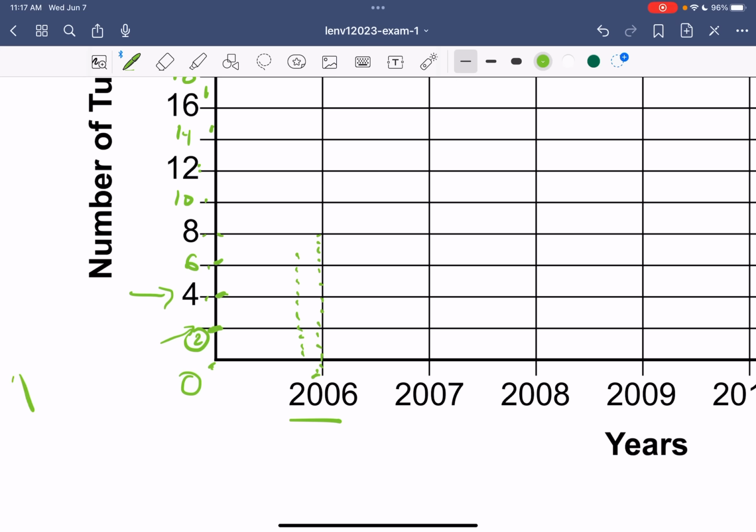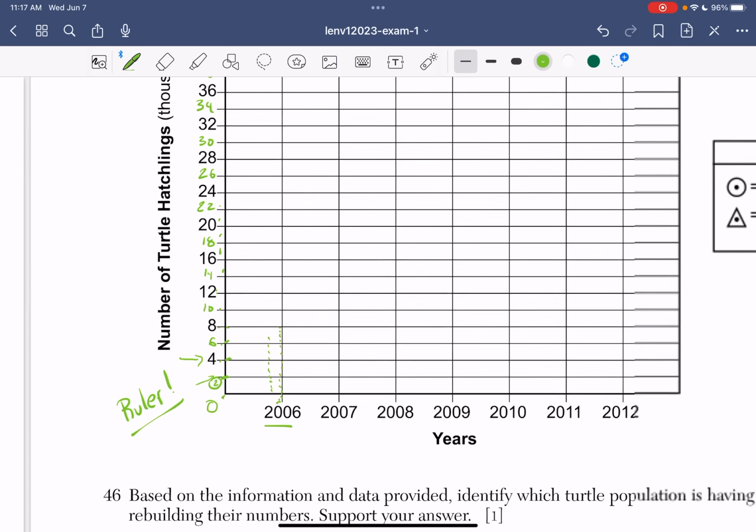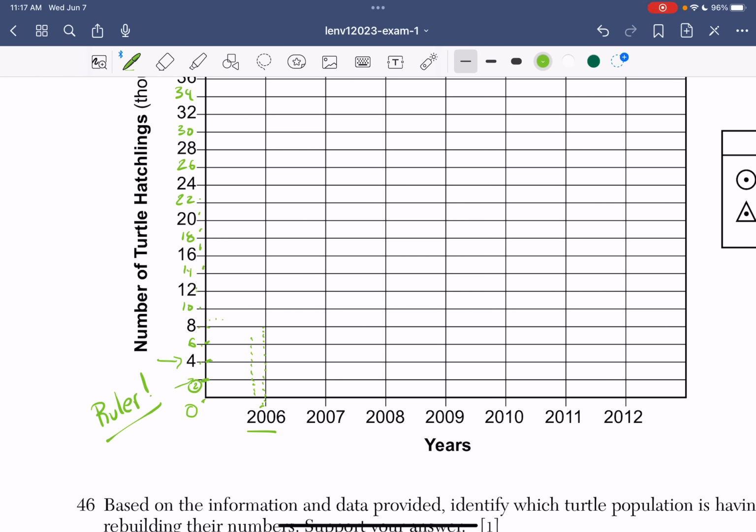So I want you to make sure you have a ruler for this test. A ruler is going to ensure that you have straight, beautiful lines, and it's also going to help you see across the graph, because when you get to 2012, I don't want you to go from 2012 and here and then make a mistake. Okay, so that ruler is going to be pretty helpful.